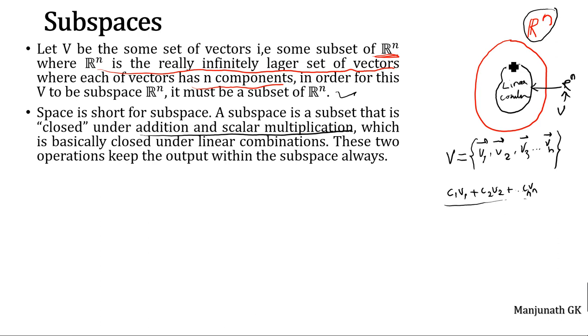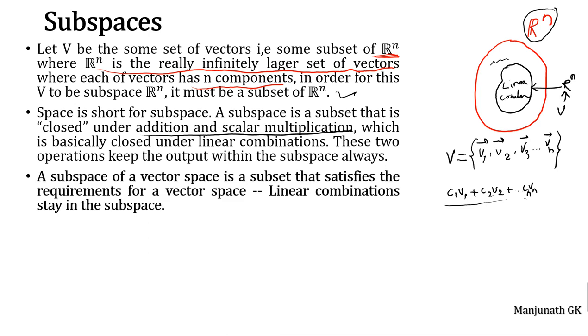It should not come out of this area. It should not come out of this subset. So under this space, only additions and multiplications of v1, v2, v3 should be there, then only I can say that a set of vectors V is a subspace of this Rn. This is the second condition.